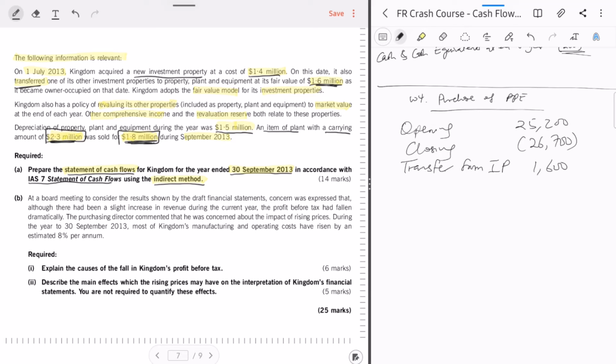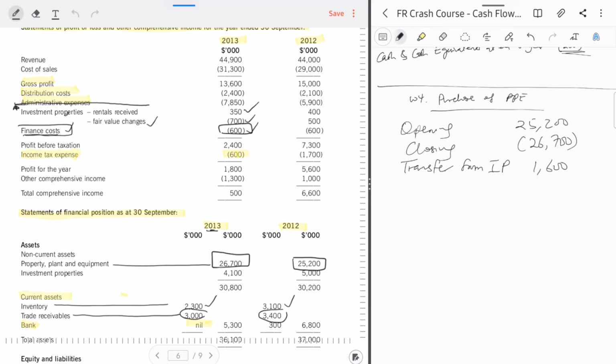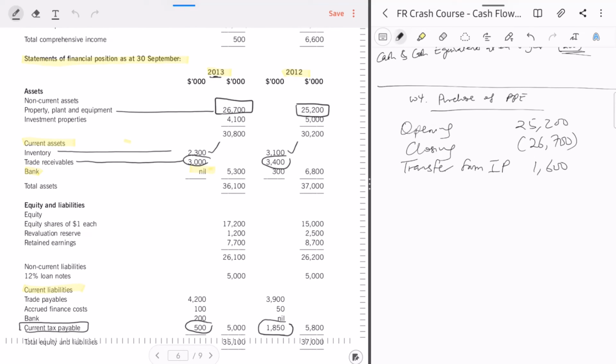They said the company has a policy of revaluing its properties, right? So let's go and find out how much revaluation has arisen on this particular asset. Good. So if you look at the question carefully, right? What do we have? Look at the revaluation reserve balance here.